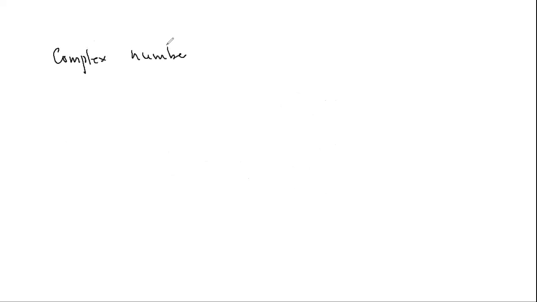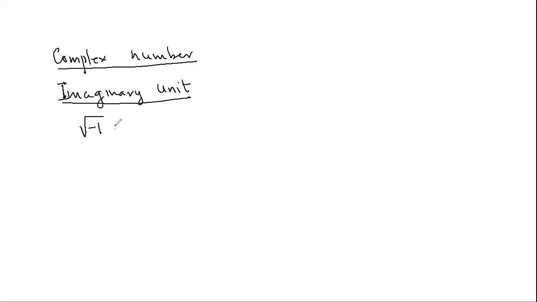Subheading of complex number: write imaginary unit. This is your first subheading. Then you write: square root of -1 is denoted by i, and it is called the imaginary unit.